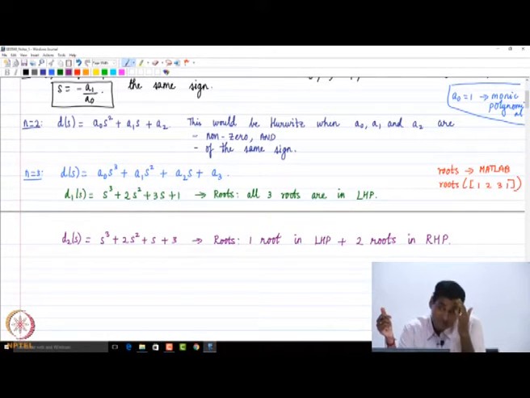So the question is, then how do I figure out the location of roots of polynomials of order 3 and more, right? Because we immediately see that what was necessary and sufficient for polynomials up to order 2 is not sufficient here, okay. Although we are not proving that, you can take it as a fact. In these 2 polynomials, all coefficients were non-zero, and all coefficients were of the same sign, right?